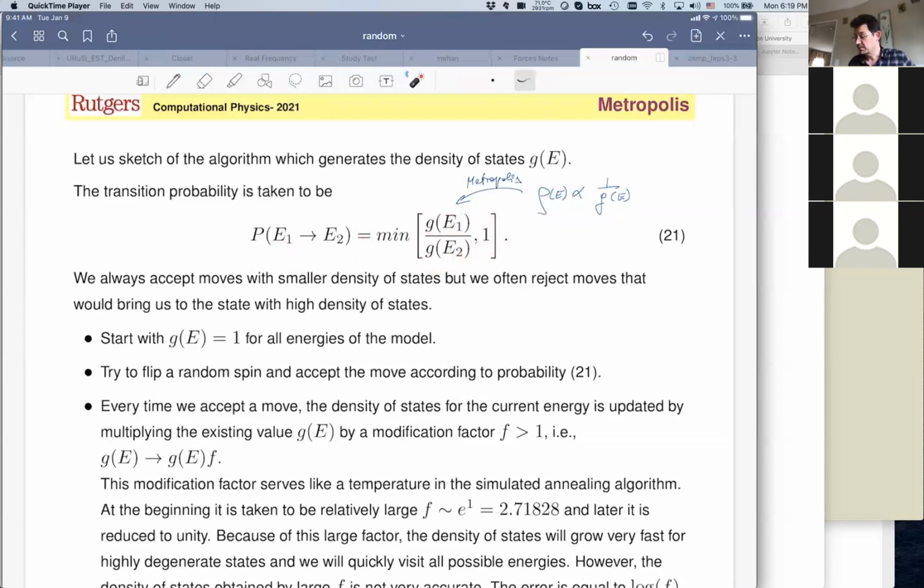So we always accept a move to a smaller density of states, but we often reject moves which would bring us to a state with high density of states.